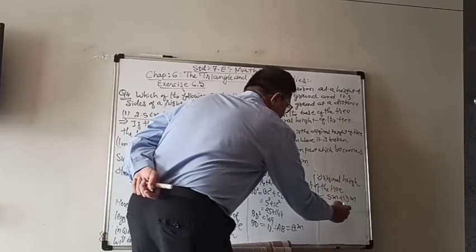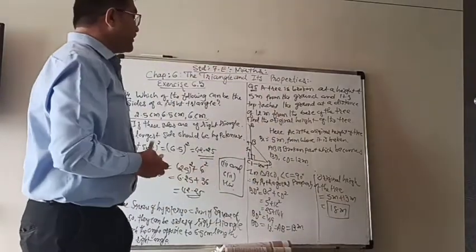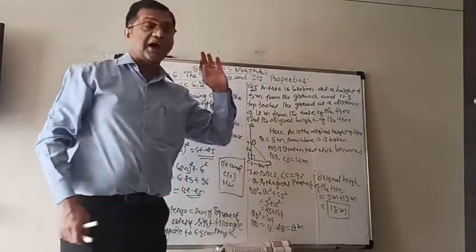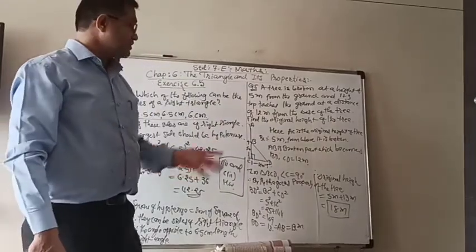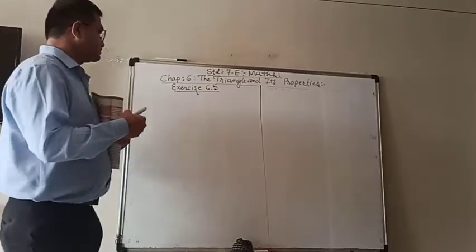So 13 plus 5 is 18 meters. That is our final answer: the original height of the tree is 18 meters. Now question number 6.